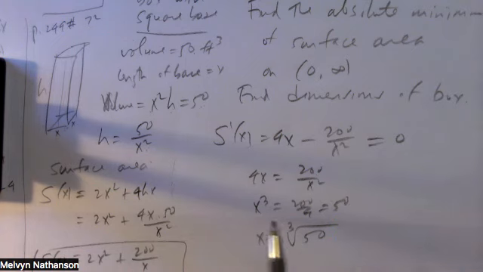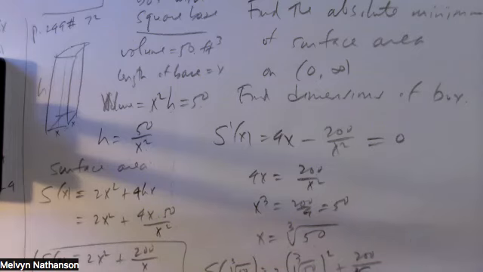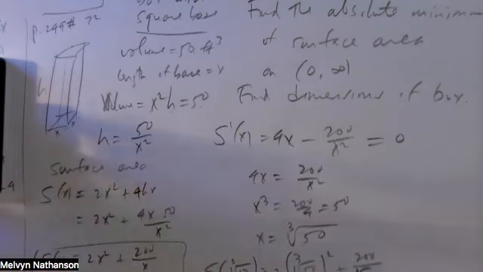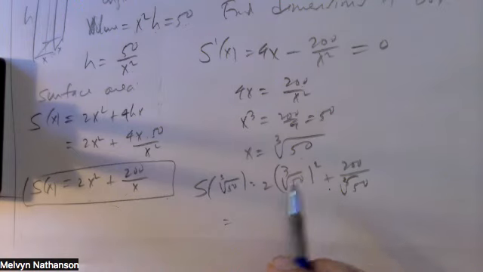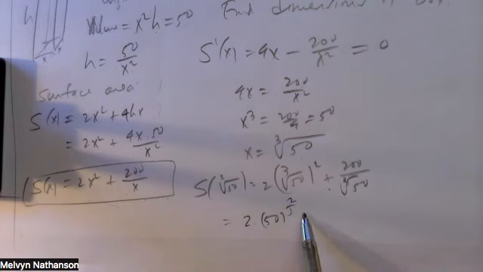And when x is the cube root of 50, s of the cube root of 50 is 2 times the cube root of 50 squared plus 200 over the cube root of 50. Let me try to simplify this a little bit. Cube root of 50 squared is 50 to the power 2/3. And this is 200 times 50 to the power minus 1/3.